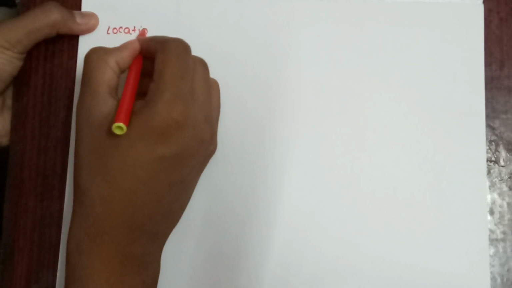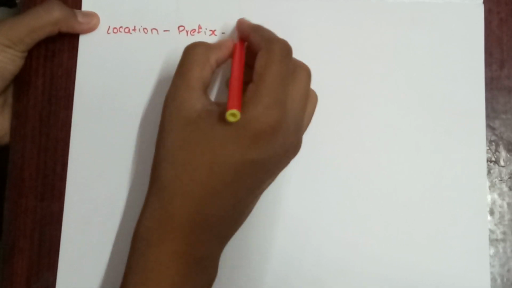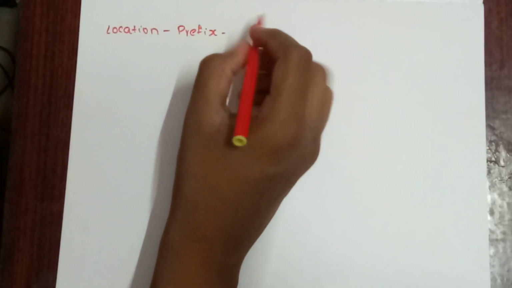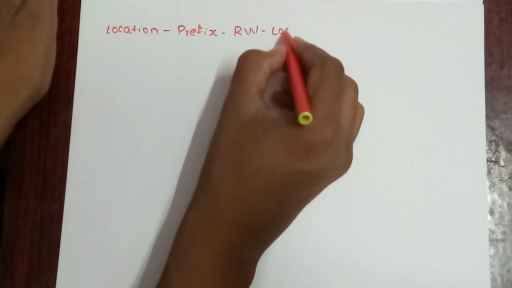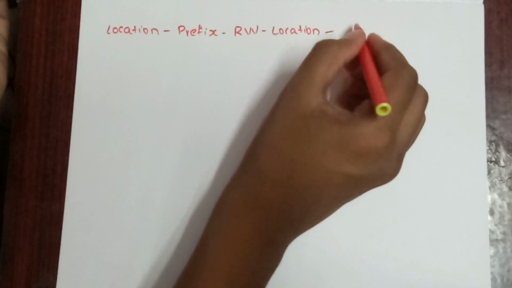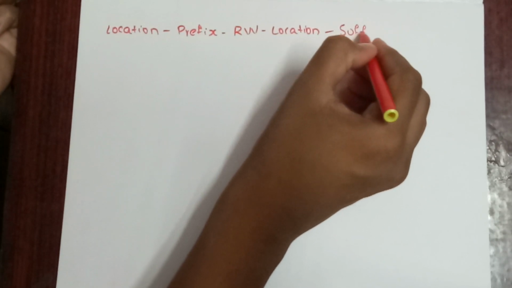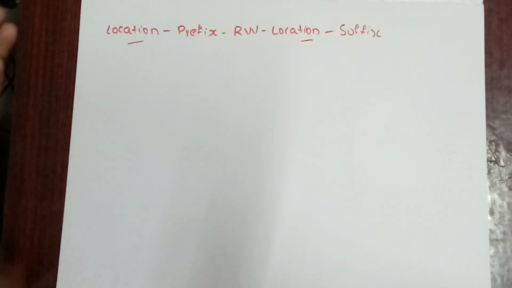I have to remember location, prefix, then root word, and then location again, and then suffix. Can you guess what is the use of these two locations?